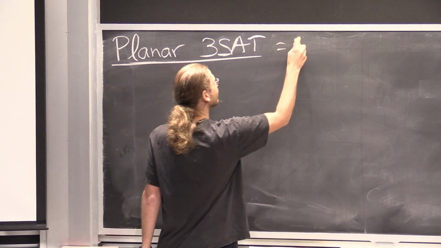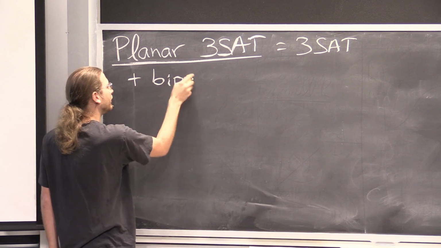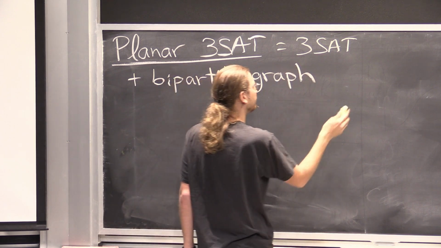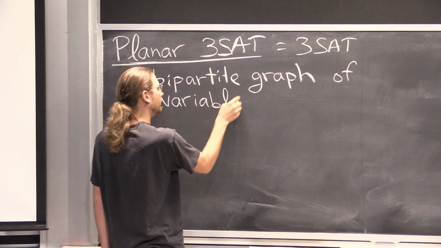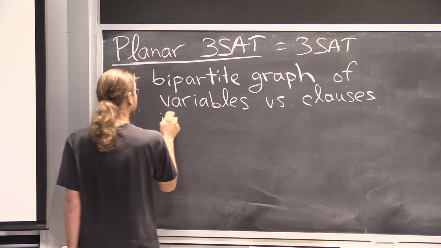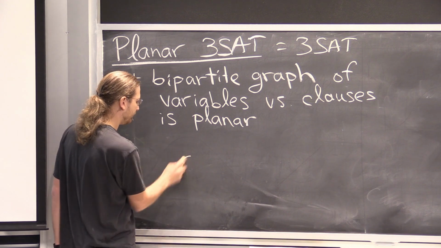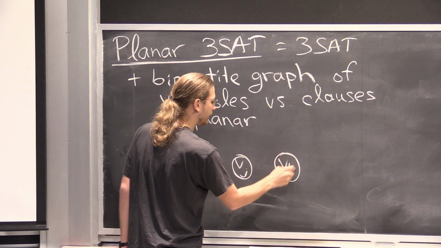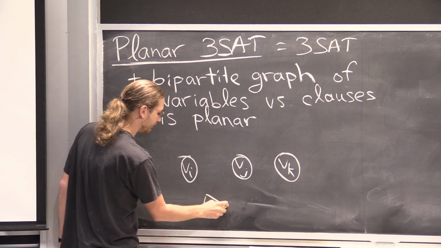It is just like 3-SAT, but you also are told that the bipartite graph, let's say, of variables versus clauses is a planar graph. So the idea is you have some vertices representing variables, v for variable here, and then you separately have some clauses.